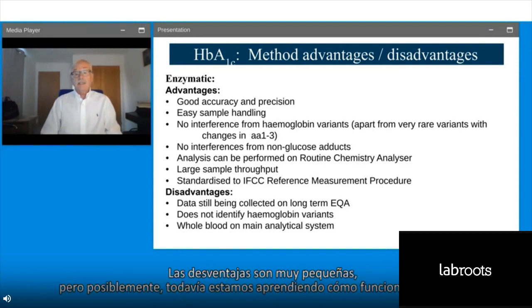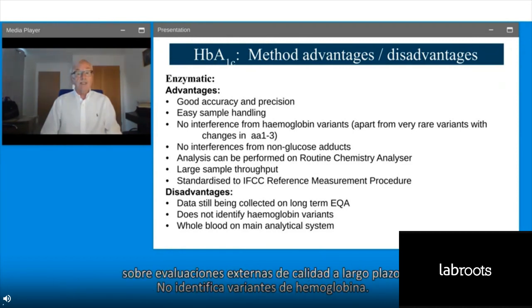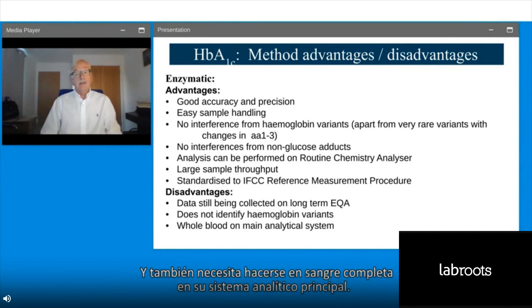Disadvantages are very small, but possibly we are still learning how this assay works over long-term external quality assessment. It does not identify hemoglobin variants, and it also means putting whole blood onto your main analytical system.